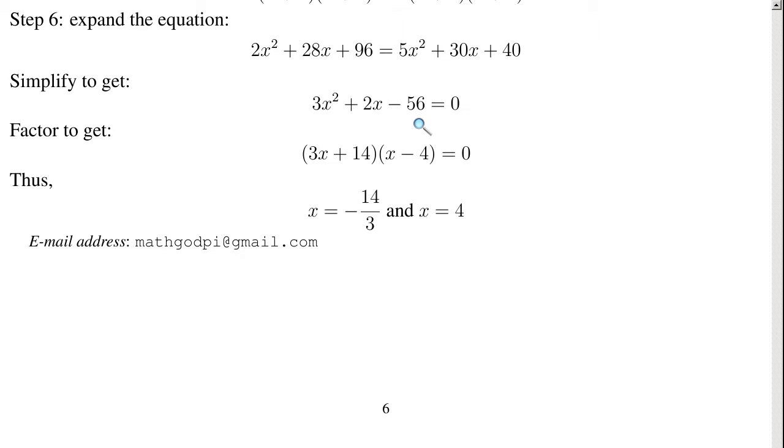And then you have to try out different combinations until you get 3 times a number plus 1 times another number, adding to give you 2.